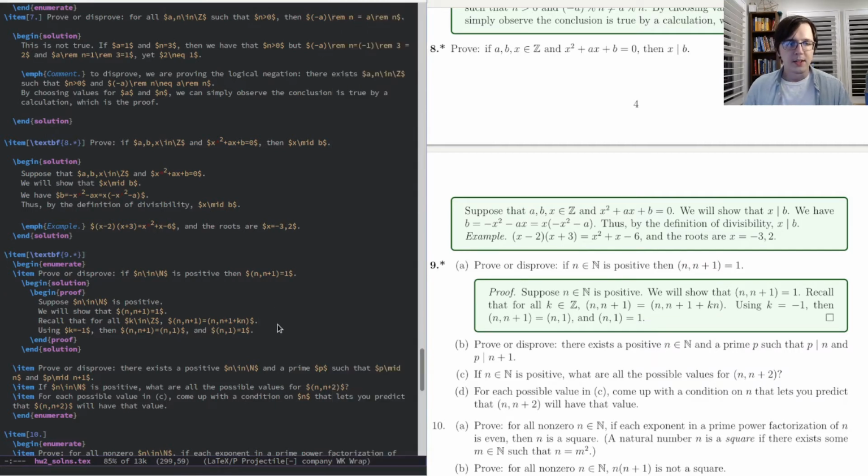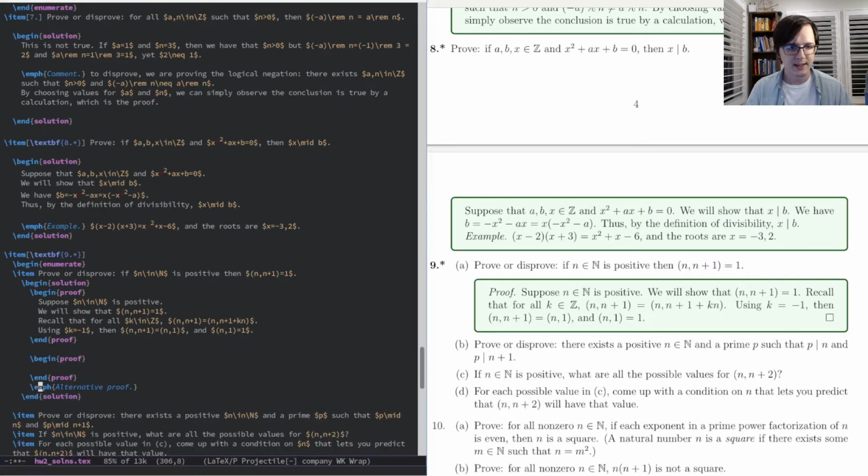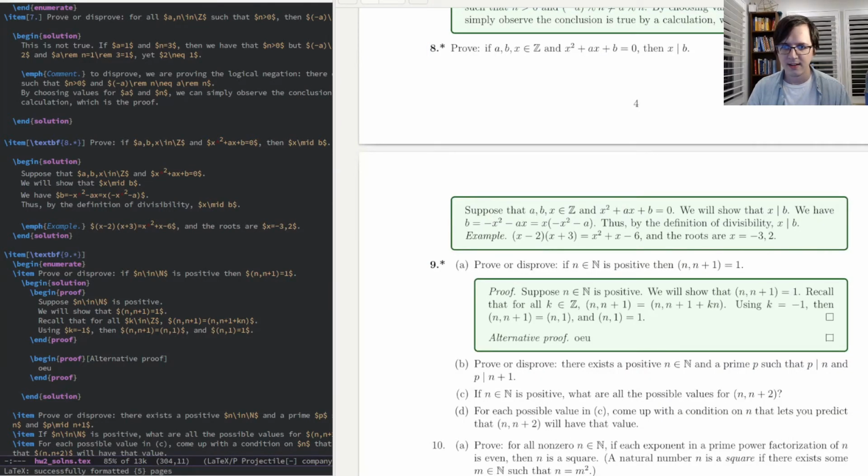Let's do an alternative proof for the fun of it. And I think there's a LaTeX feature, which is if I put this like that. Yeah, okay.